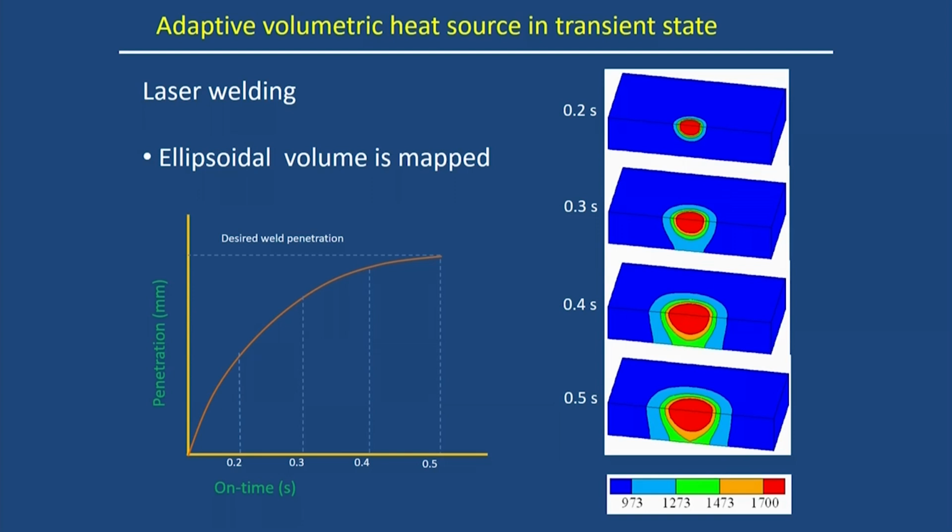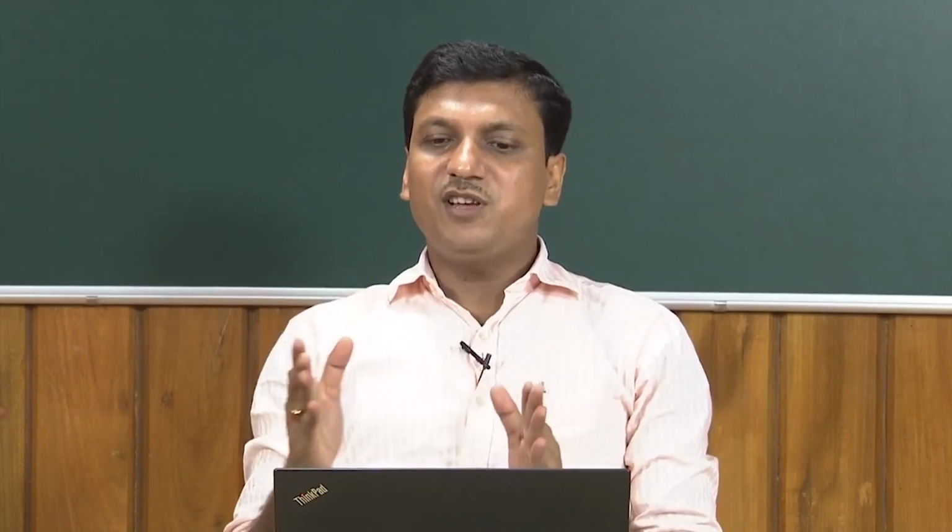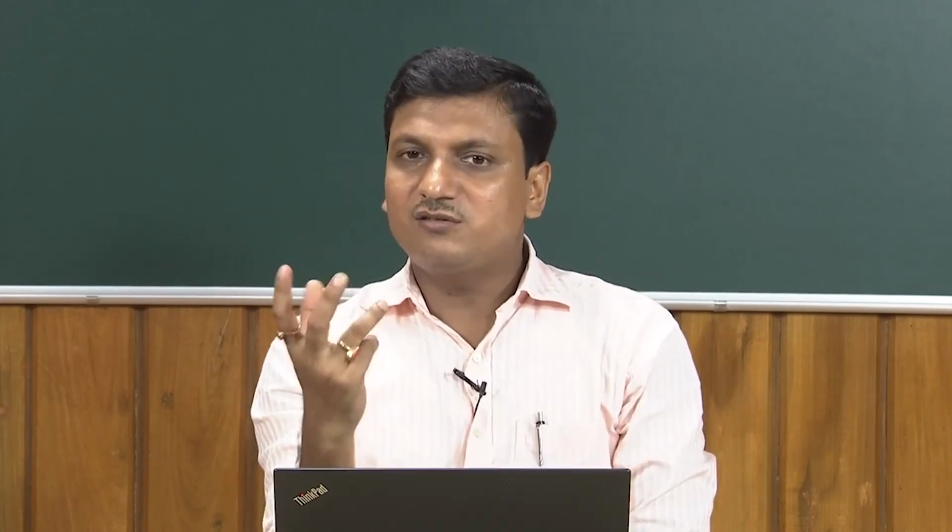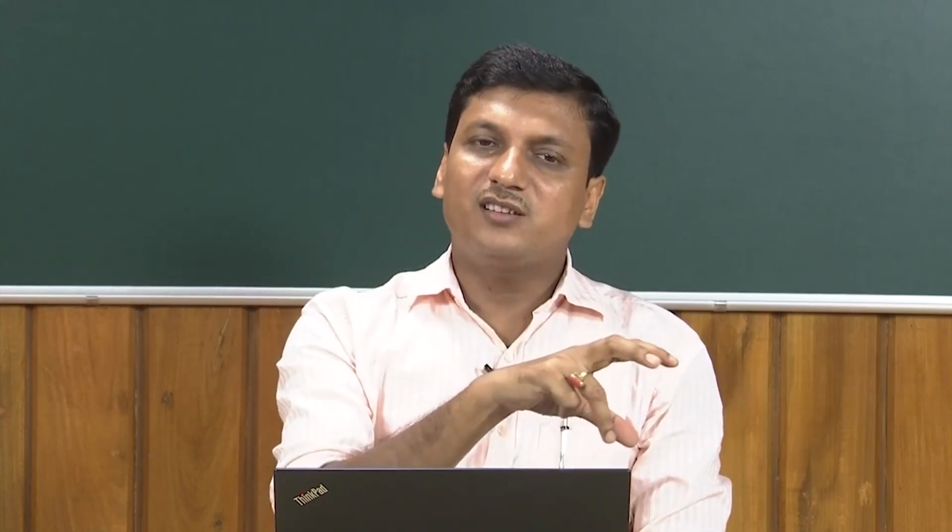So, there is a continuous development of the weld pool, and we are simply simulating this growth. That means we measure at any point of time what is the size of the weld pool, and that size we simply map to the size of the volumetric heat source.